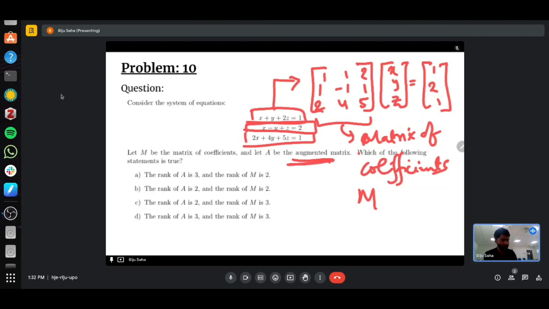In an augmented matrix, you have the matrix of coefficients, and then you augment.